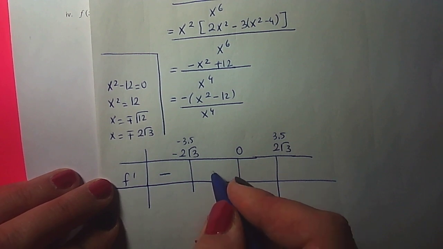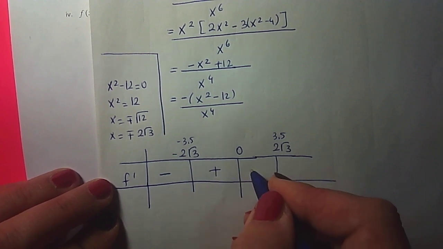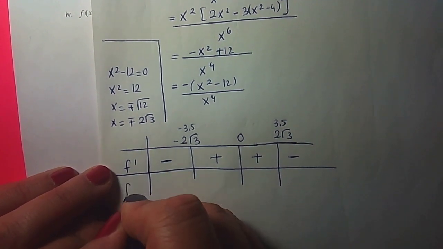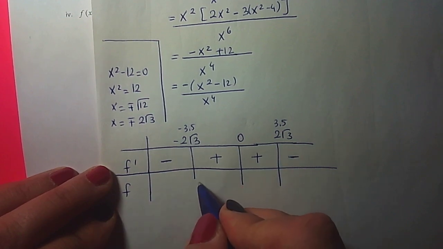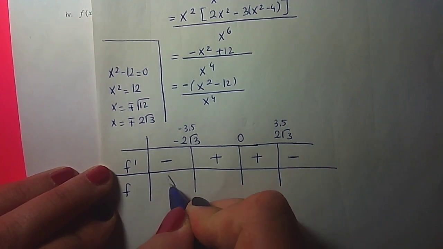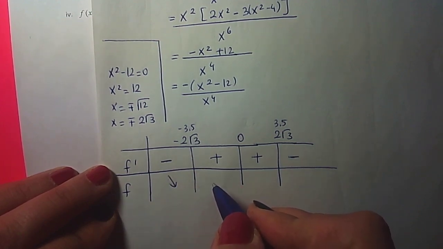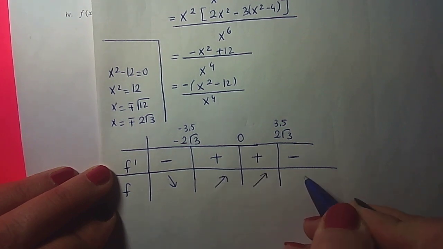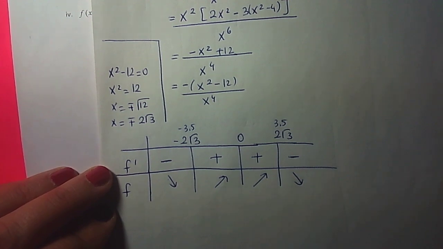And then apply the same thing, pick a value here and calculate the sign of the first derivative. Then f is decreasing from negative infinity to negative 2 root 3, increasing here, increasing and decreasing. Now check where the sign of the first derivative changes.